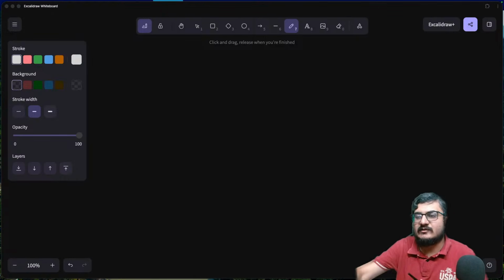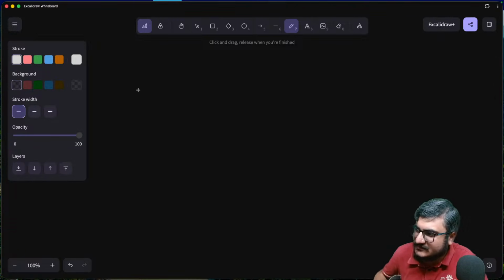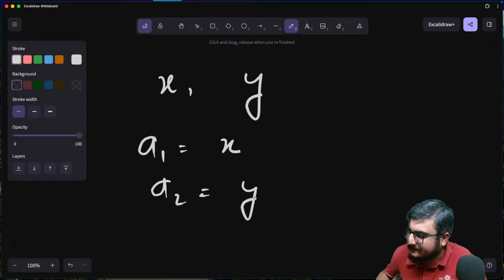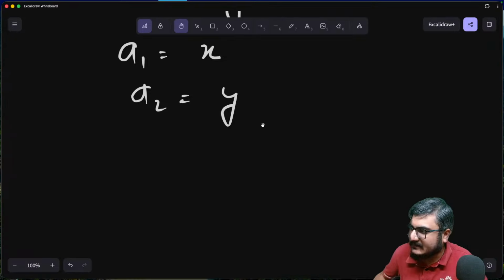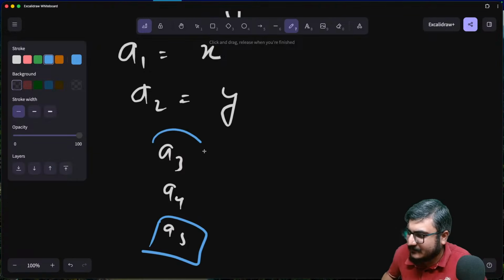So it says we have a sequence. Like for example, we have a sequence where we have some x and y given to us. We say that a1 equal to x, a2 equal to y, and then a3, a4, a5, so on. Every next number is taken by taking mod of the previous two numbers.